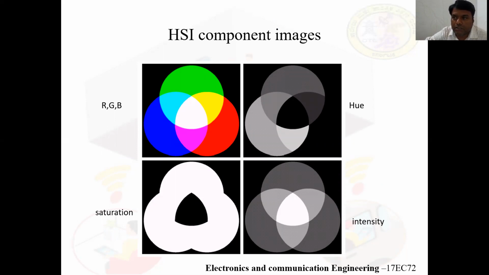Now the HSI component images. We can see some techniques for manipulating HSI component images in the above figure. The top left figure shows an image composed of primary and secondary colors, and the other three show the HSI components of the image generated using the previous equations.